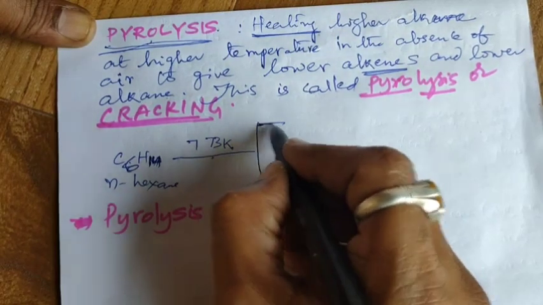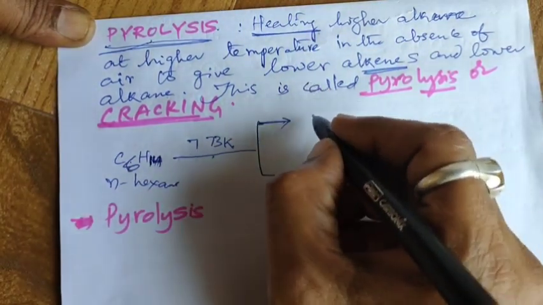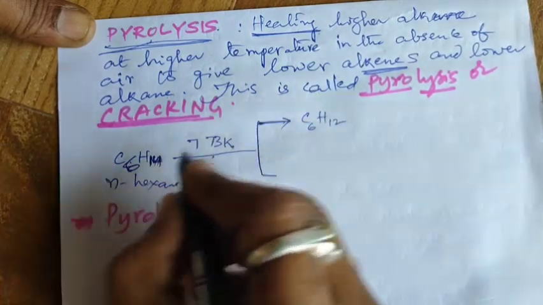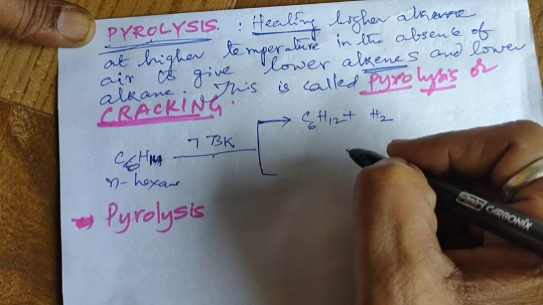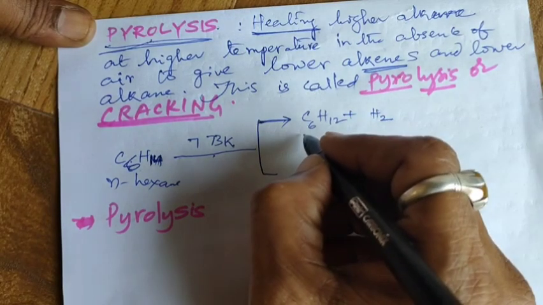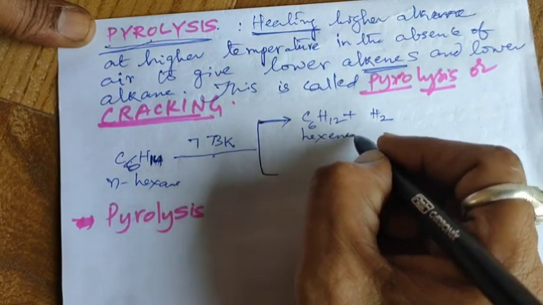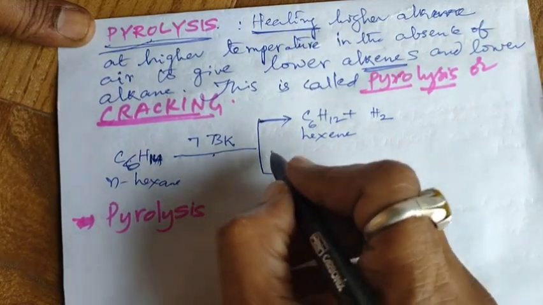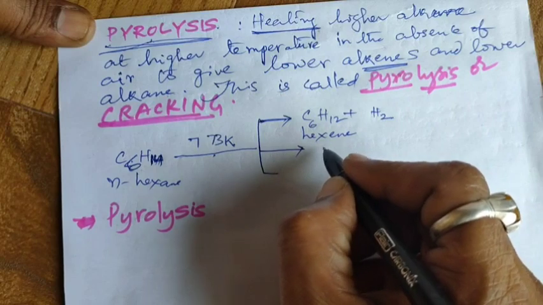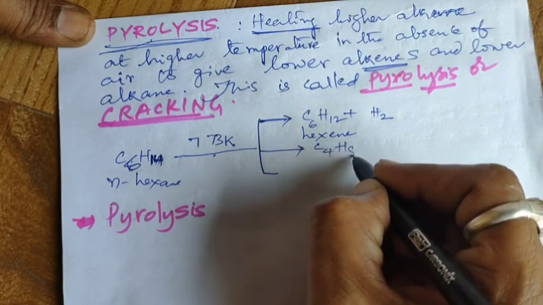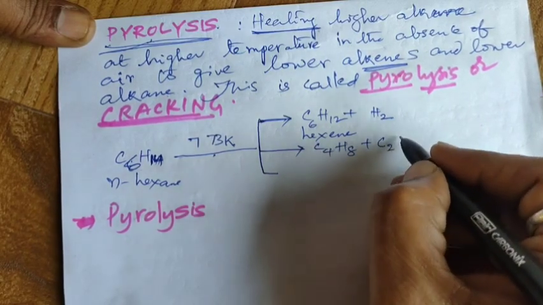And what is observed? The first choice is C6H12, and some hydrogens are released, and this is C6H14, that is hexane. No definite information. Another combination is C4H8, C2H6.